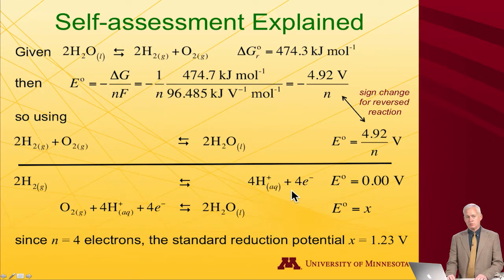Remember, by convention, this is just the standard hydrogen electrode again. That is 0 volts. This is 4.92 volts divided by 4 electrons is 1.23 volts. And in order then to have this plus this equal this, the standard reduction potential for this reaction must be 1.23 volts. So reaction of oxygen with protons and electrons to make water.